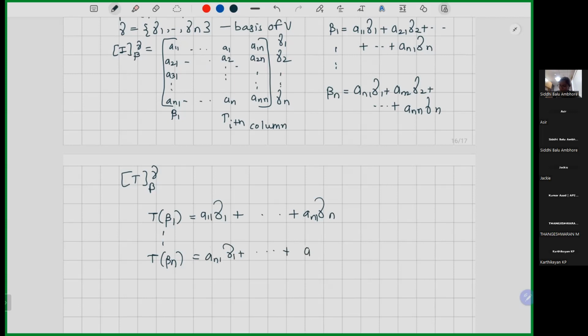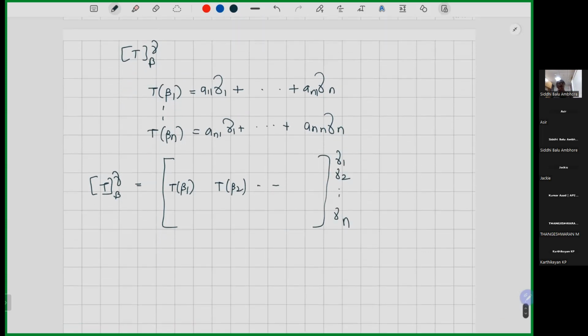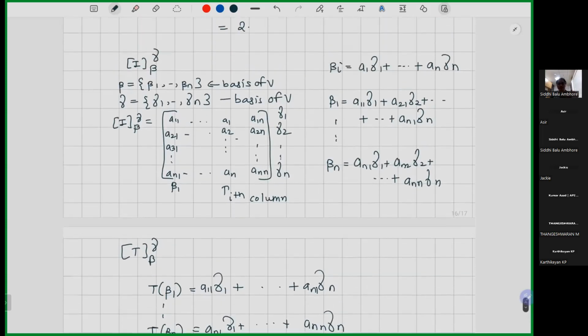I think I made some mistake in coefficients, but I hope you got the idea. Then I write this T beta gamma like this: corresponding to T beta 1, all the coefficients, beta 2, all the coefficients, and the rows correspond to the coefficients of gamma 1 to gamma n. Is it clear? Yes.